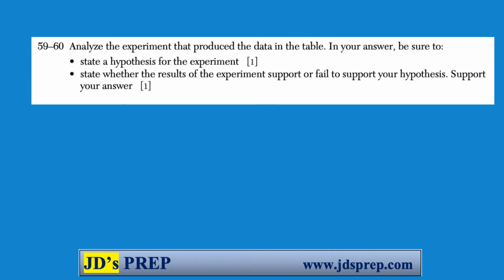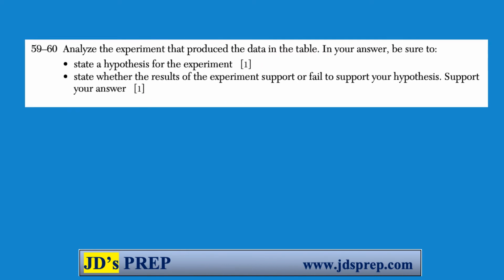All right, so on to the questions. There's two questions associated with this. You're supposed to analyze the experiment that produced the data in the table, and in your answer you want to state a hypothesis for the experiment. State a hypothesis, and then state whether the results of the experiment support or fail to support your hypothesis and support your answer.